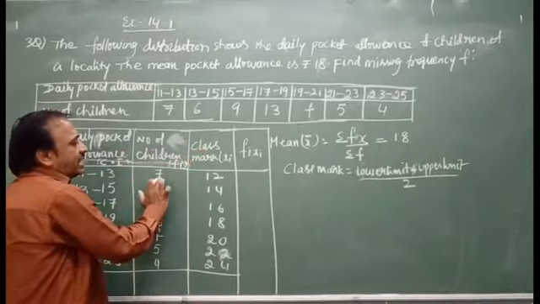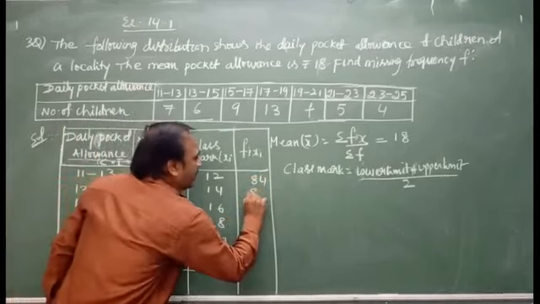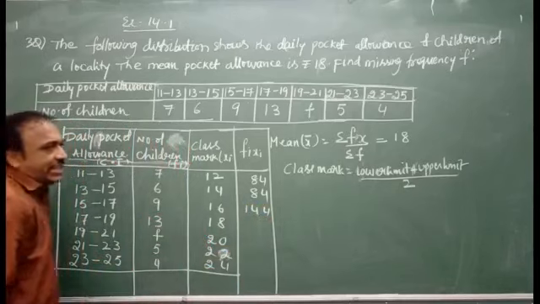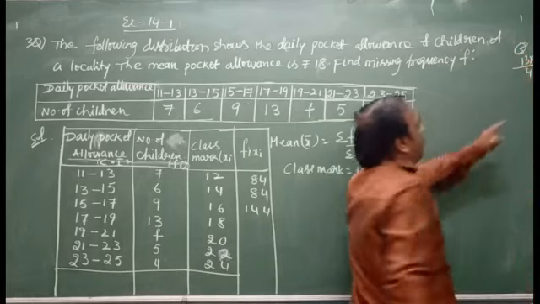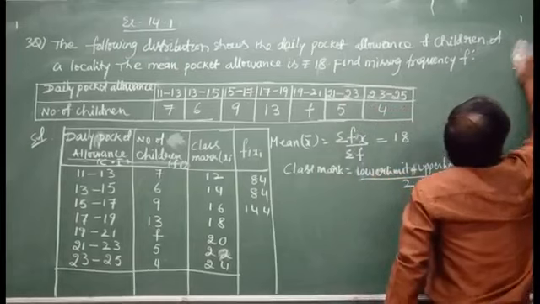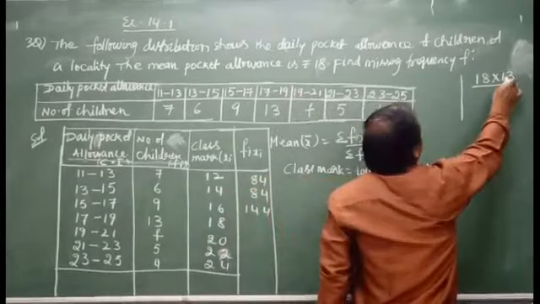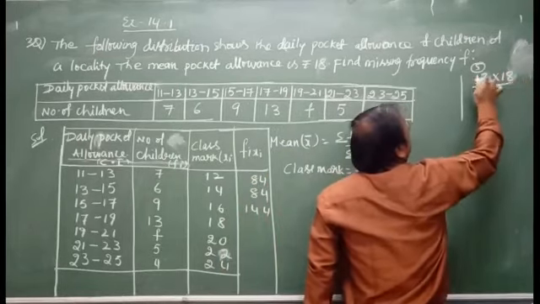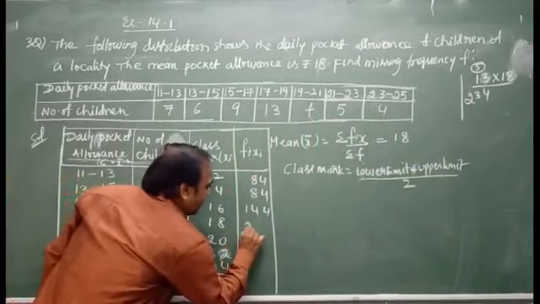So fi into xi: 7 into 12, 12 sevens are 84. 6 into 14, 14 sixes are 84. 16 nines are 144. 13 into 18 we need to calculate. 18 threes are 54, 18 ones are 18, plus 5 is 23, that is 234. So 18 into 13 is 234.